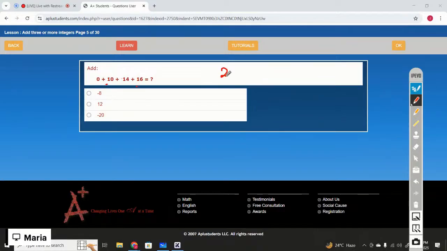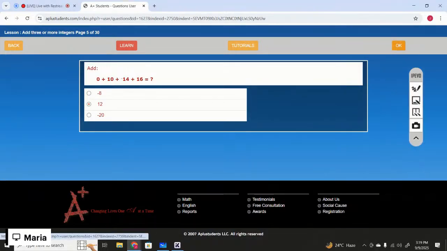That is 10 plus 16 is 26, and 26 minus 14 is that is 12. Option number 2 is the correct option.